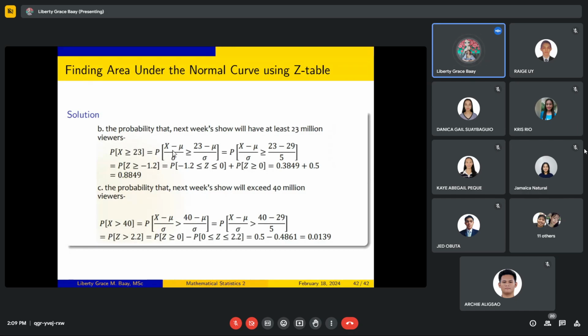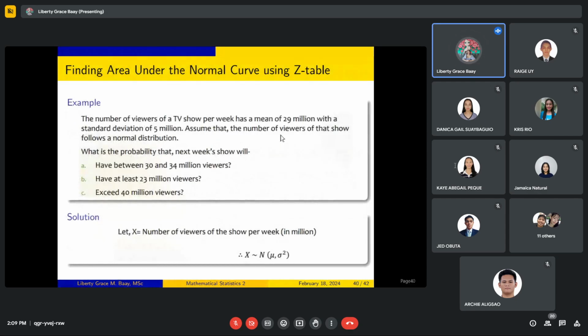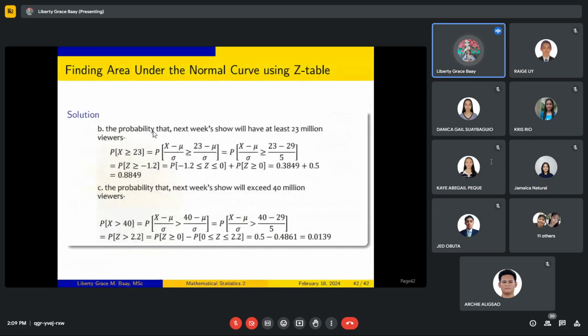So z is equal to x minus mu divided by the standard deviation is greater than or equal to 23 minus mu divided by the standard deviation. So 23 minus, given the mean of 29 and the standard deviation is 5. So these are given in the problem. As I said earlier, the mean is 29 and the standard deviation is 5.